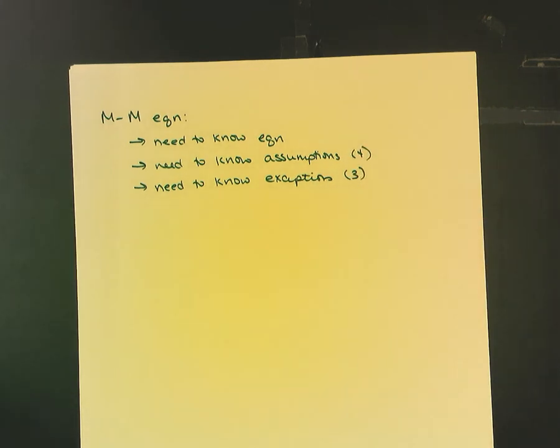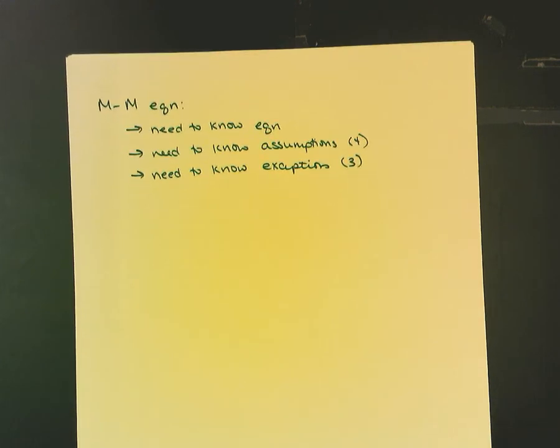So you need to know the actual equation. You need to know the 4 assumptions that let us get to the Michaelis-Menten equation. Then you need to know the 3 exceptions for the Michaelis-Menten equation. So let's do this in order.